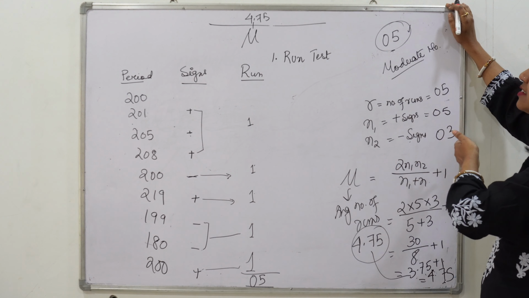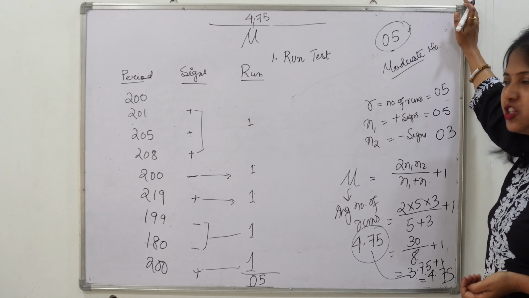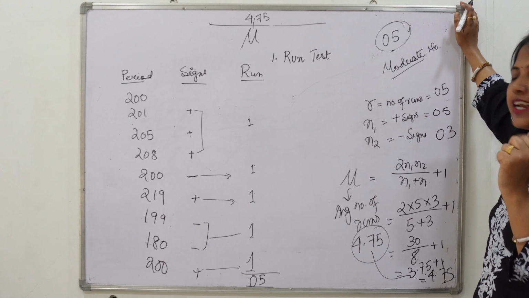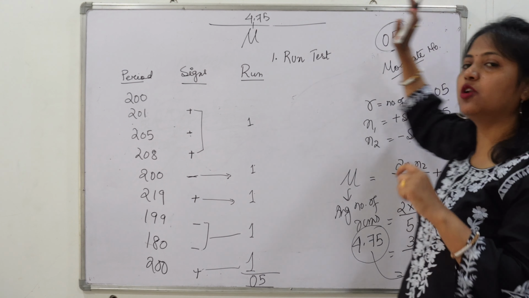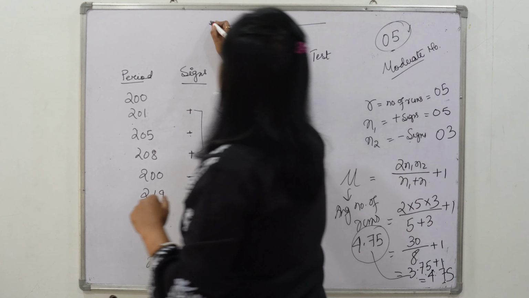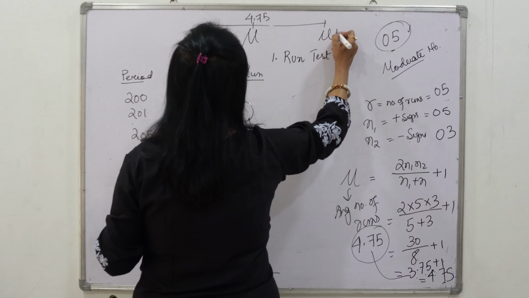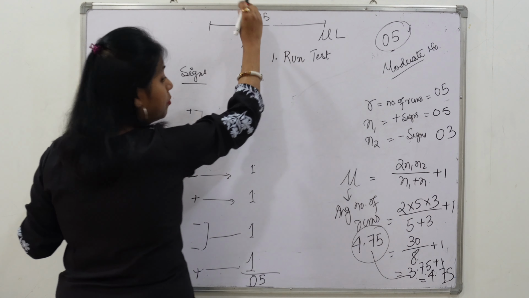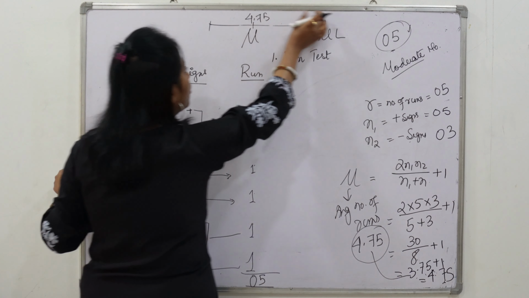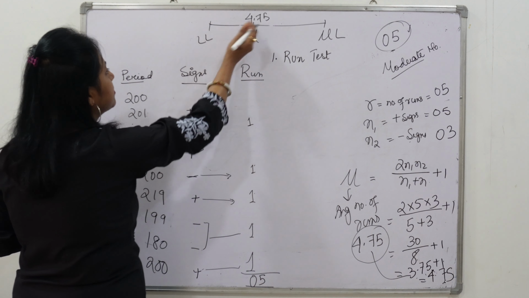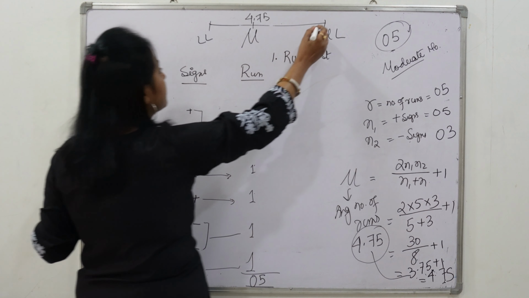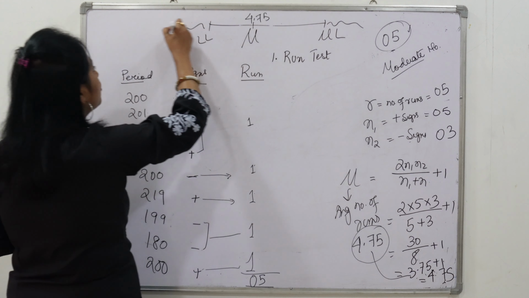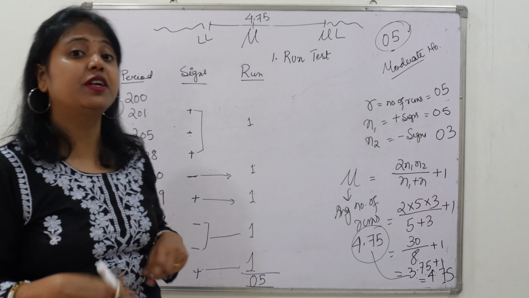So can I declare that the market is inefficient? No, we will go statistically, because we have to give a lower bound and an upper bound. So there will be an upper limit that this moderate or average value can go to, and a lower limit it can fall to. But if it goes beyond, then I will consider the market to be inefficient.